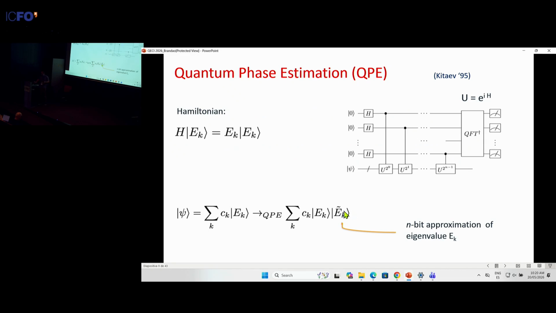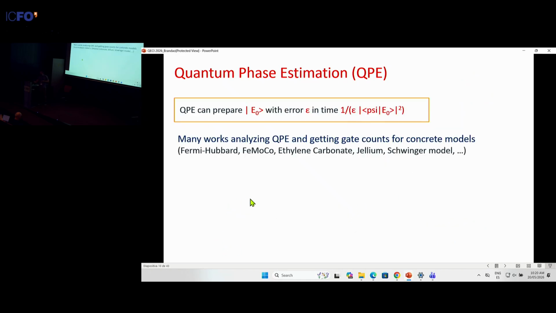Well, because this is the probability that you measure the energy in the lowest one. It's like C0 squared, which is this overlap. So that's great. There is a lot of work, as I mentioned, analyzing this quantum phase estimation and getting gate counts for some concrete models, like Fermi-Hubbard, this FeMoco molecule that I mentioned, and many others, even in high energy physics, like the Schwinger model.